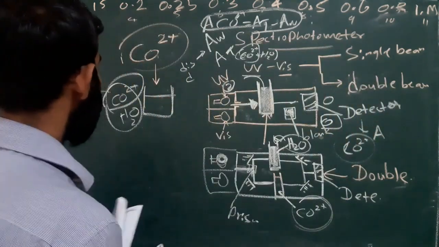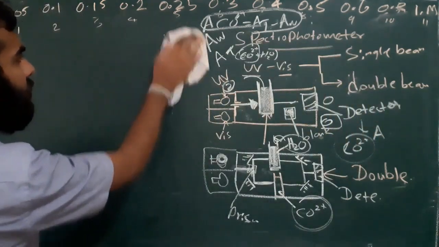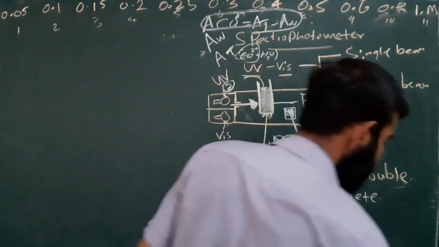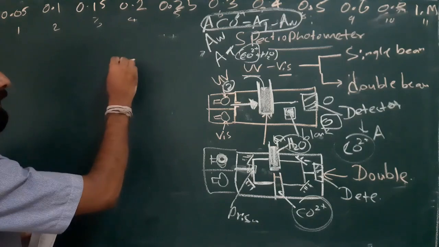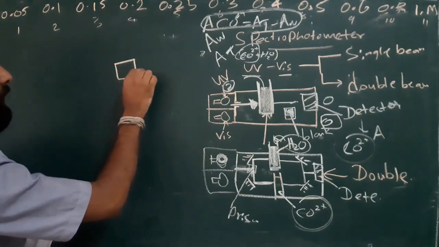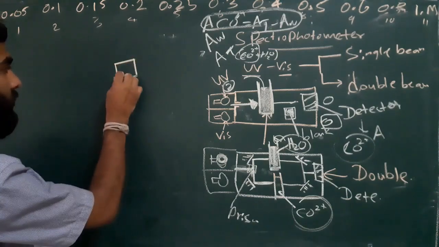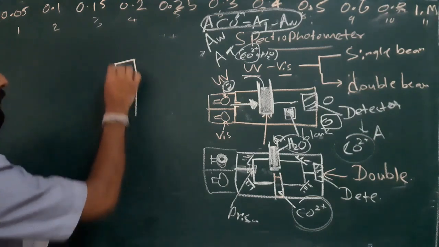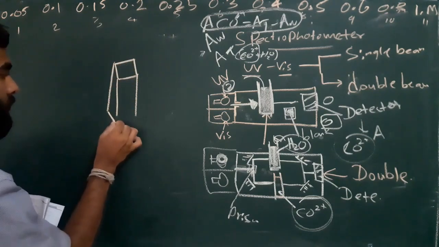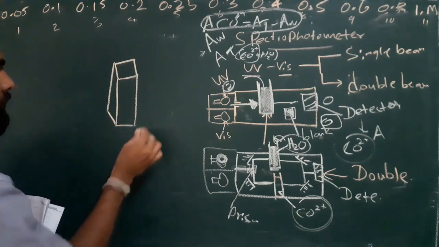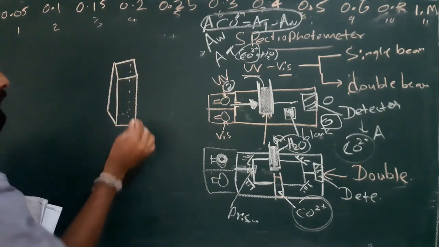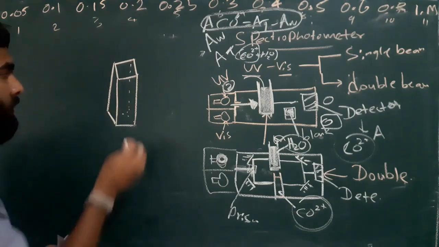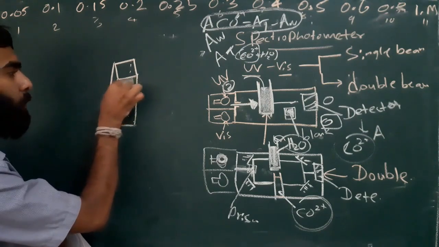Okay. Now I will talk about the sample cell, because you have to know these things. Sample cell, I told you it is this type of square shape. Here there are two faces. One face is opaque.